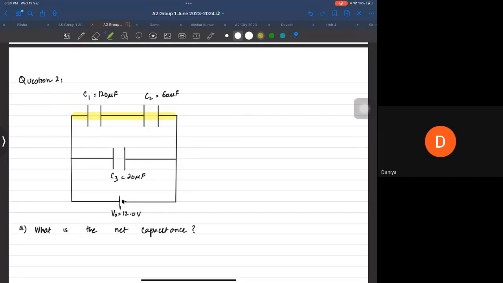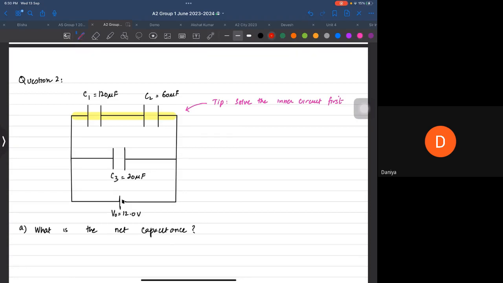So I'm just going to write it here. Tip: solve the inner circuit first, which is in this case this one, by the way.